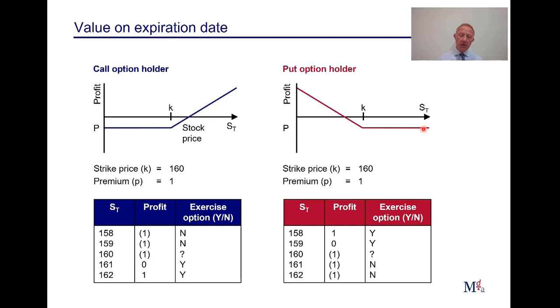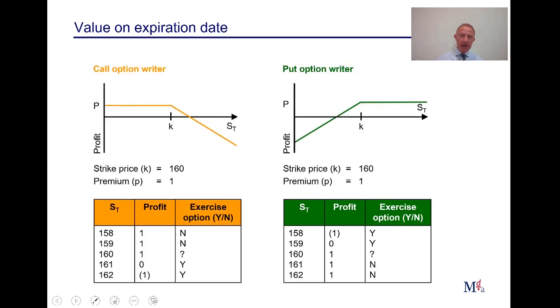This is the position of the option holder, and on the next screen we've got the position of the option seller. If I sell a call option, I receive a premium. So I receive 1, that will be my profit. However, if the price rises, then I am forced to sell my bond at a low price, at the strike, when the actual price, or the market price, is higher, and I will suffer a loss.